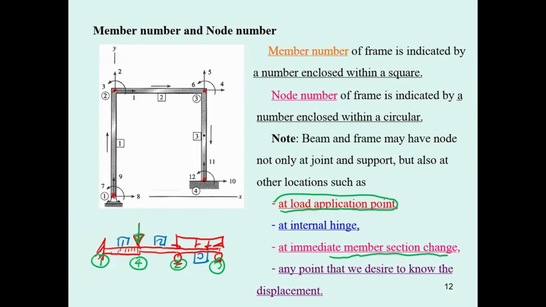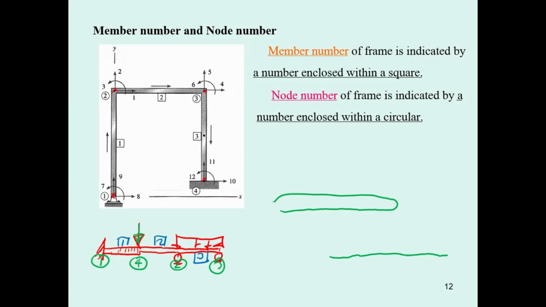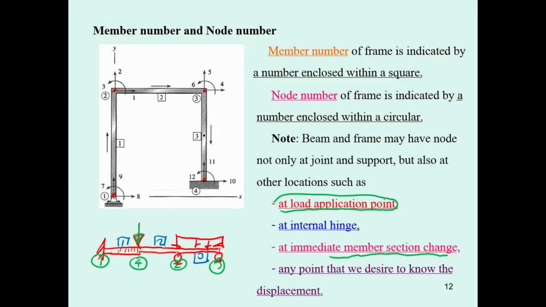And then one more thing, the column goes only in the vertical direction. It's not in an inclined direction. I think those kinds of setups are going to help you a lot to reduce your calculation in your final examination.